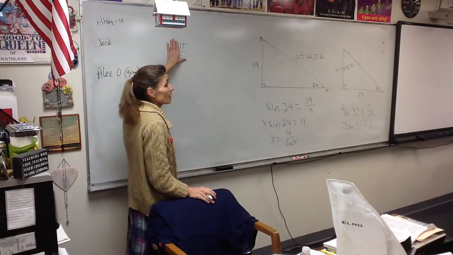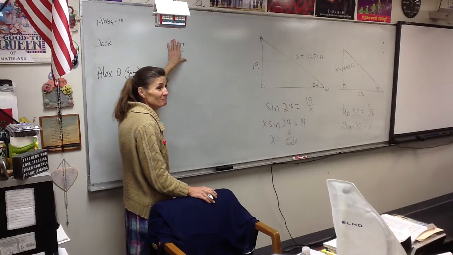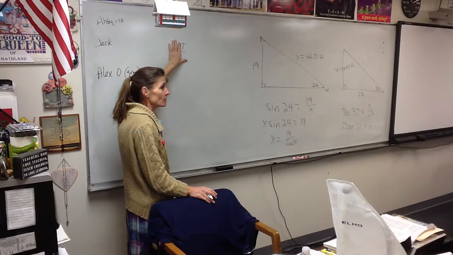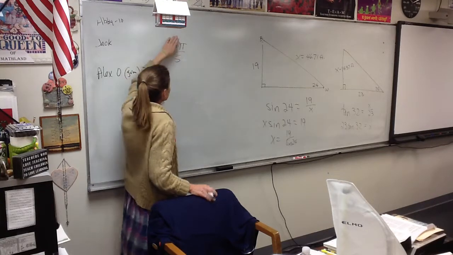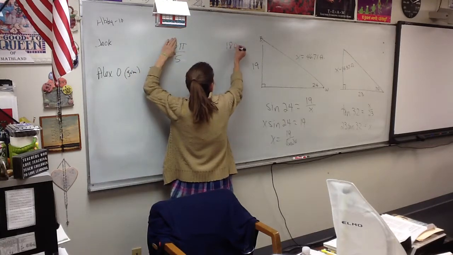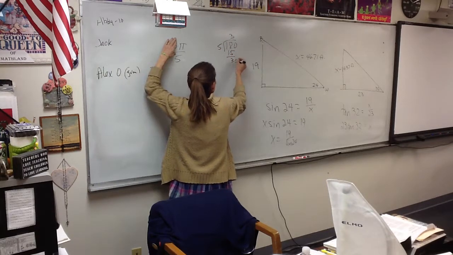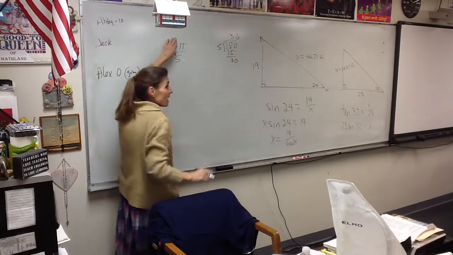Do you want to know what I put on that paper? 40. I was supposed to put 45. 45 times 3, so 135. Yeah, that's what I'm saying. What's 180 divided by 5? If I can't do 180 divided by 5 in my head, I'll do it over to the side.